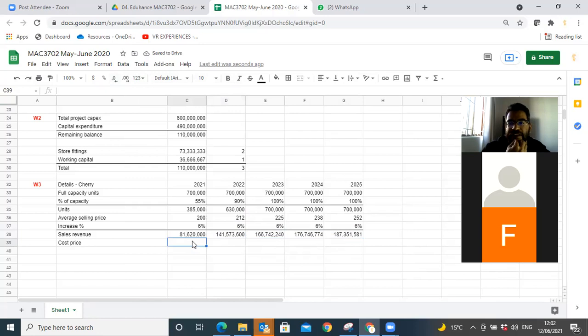Cost price is, it was a markup of 50% on costs. Because it is a markup of 50% on costs, the cost price will be 100. So cost price is 100, and it's markup on costs. So therefore, we'll divide by 150, multiplied by the selling price.